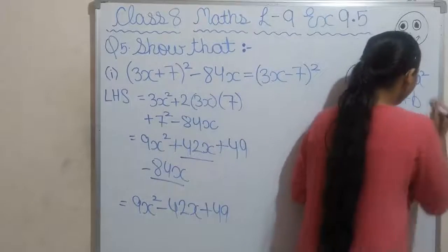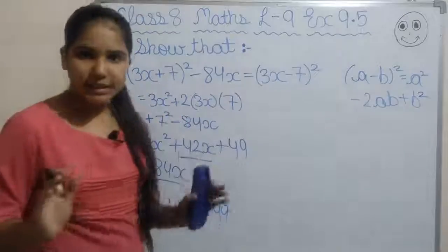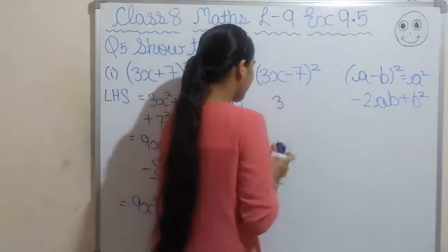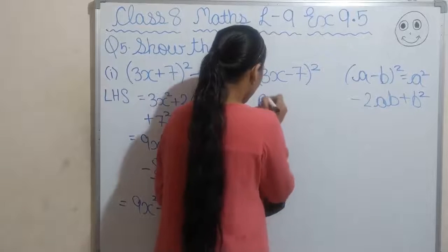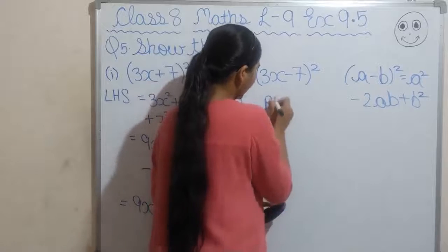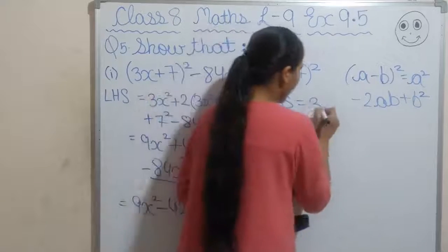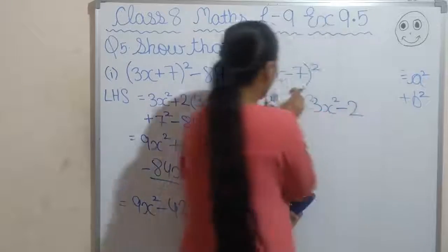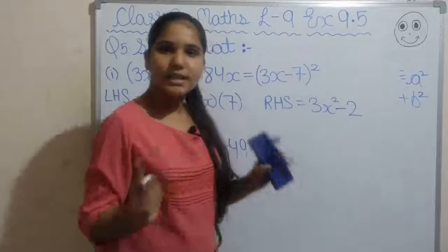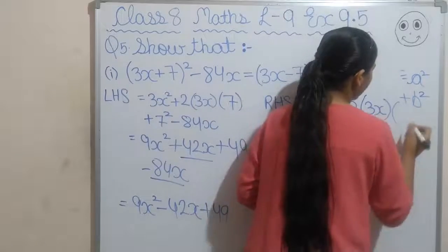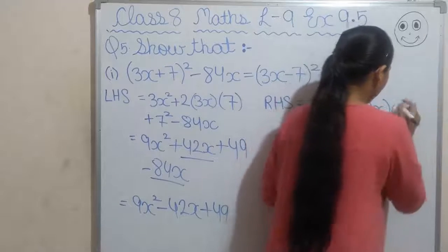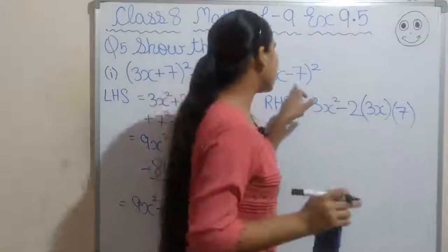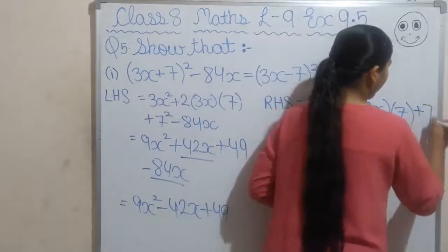So RHS is equal to a square, which is (3x) square, then minus 2ab, where a is 3x and b is 7, so 3x into 7, and after that plus b square, which is 7 square.